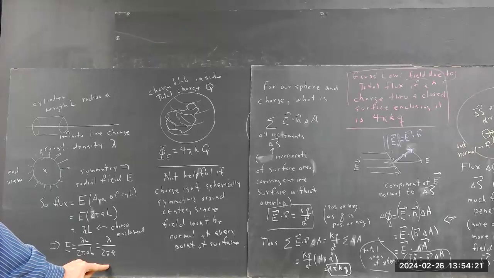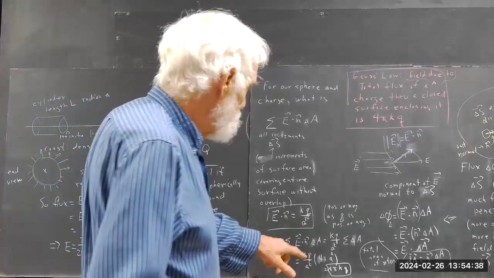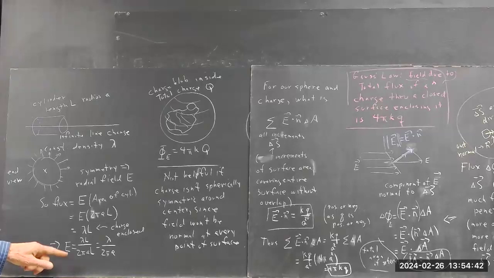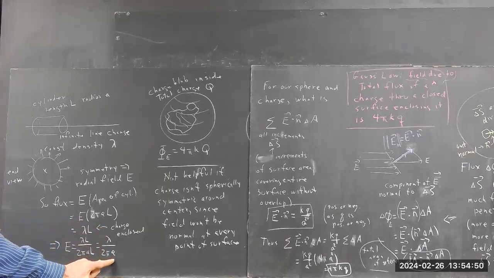Now notice that for a point charge, the sphere tells you the area is proportional to a squared, giving you a field that's kq over a squared. Here, it's inversely proportional to a.